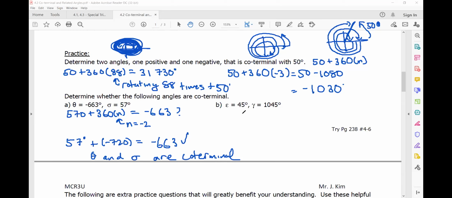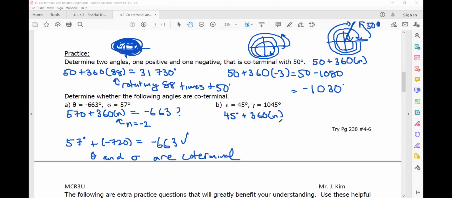What about the next one? I'll give you a few seconds. Are they coterminal? Anyone? What do you think? No?